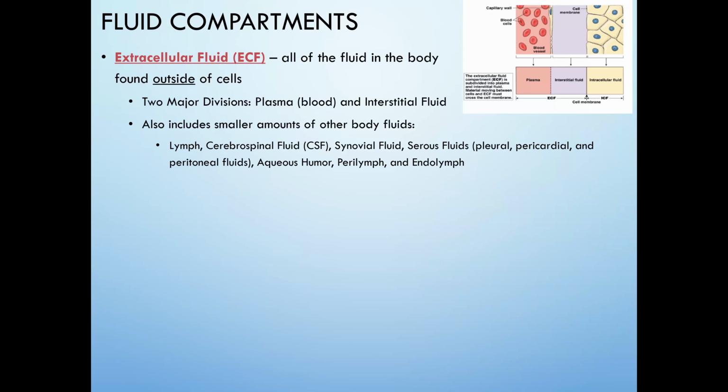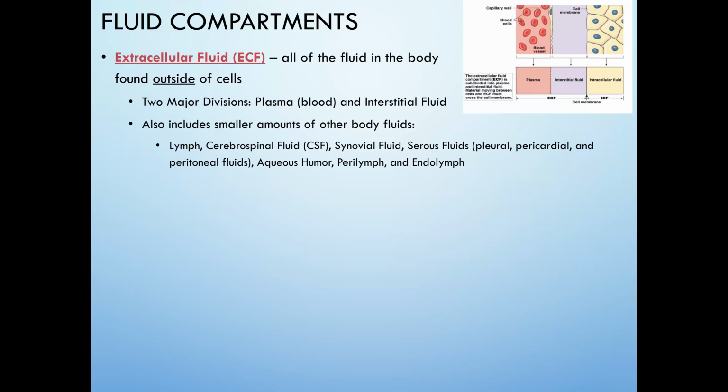The ECF and ICF are considered to be fluid compartments because they behave as distinct entities. If you look at the bottom of the picture, you have the intracellular fluid in yellow, and then you have your extracellular fluid over here on the left side made up of the plasma and the interstitial fluid.